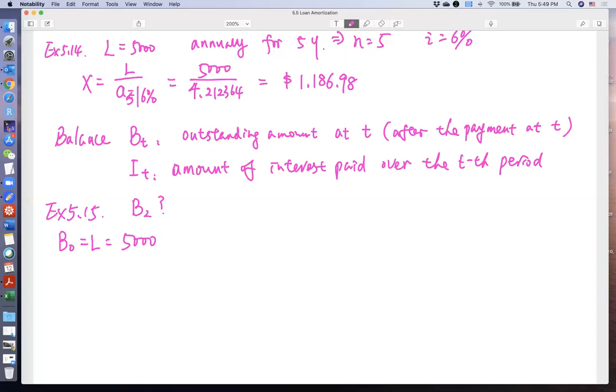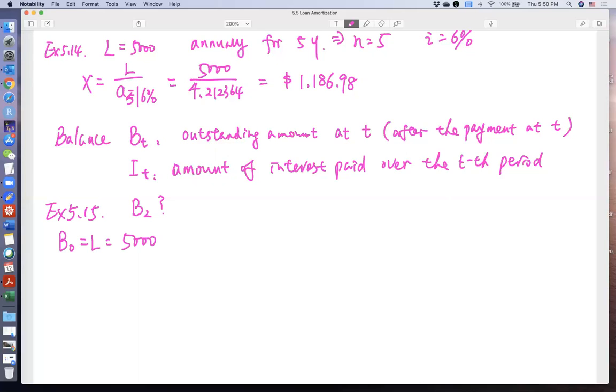In the first year we pay a little over 1,000, close to $1,200. Not all of it is paid to the principal, you need to pay the interest. That is the key of the amortization method.